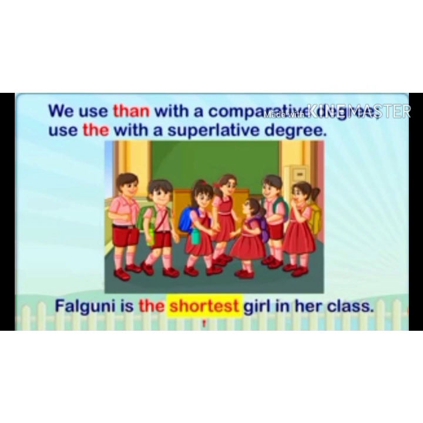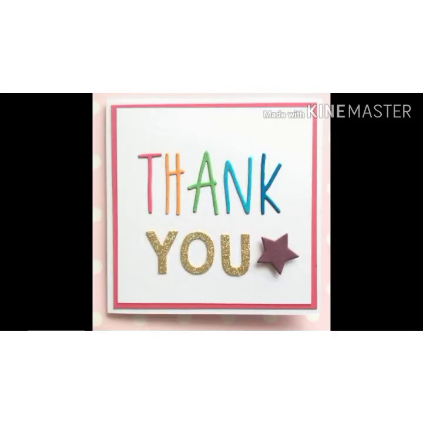The adjective is preceded by the word the. So whenever you write the superlative degree, we use the before the adjective. That is, in this example, Falguni is the shortest girl in her class. The shortest is the superlative degree of adjective here.